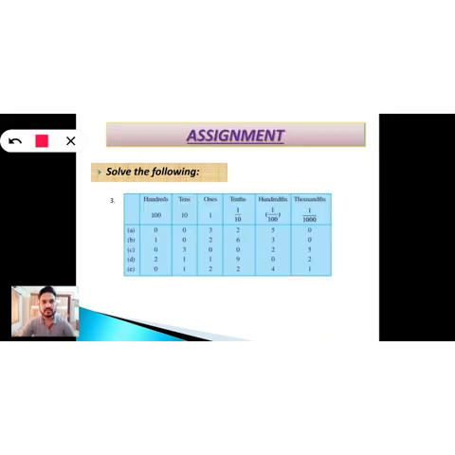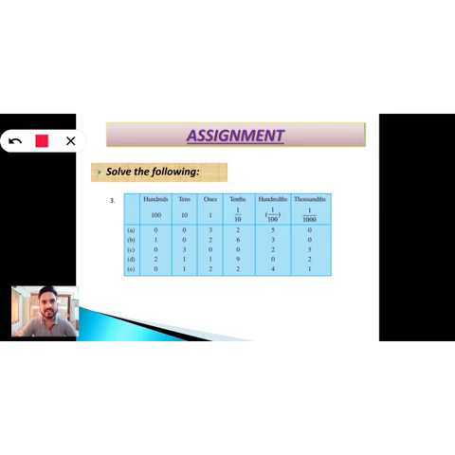Now for the third question of this assignment, we have a box with 3 columns: one for hundreds, one for tens, one for ones, and another 3 columns: one for tenths, one for hundredths and one for thousandths. Now what do we have to do? We have to write the numbers in decimal form from this table.